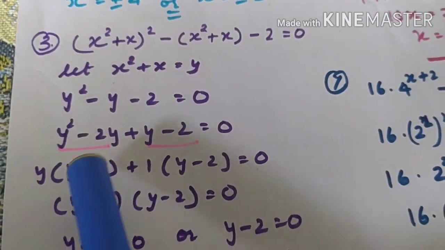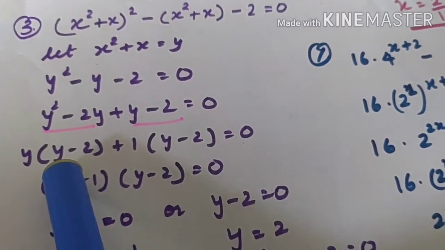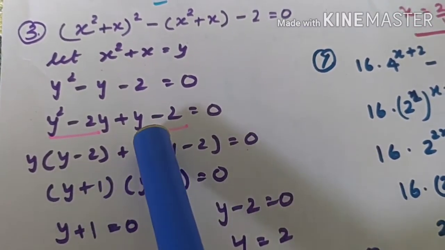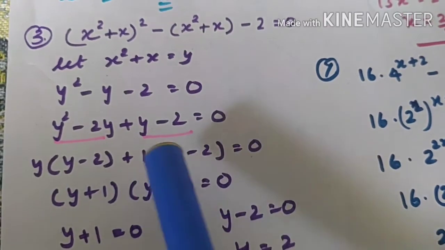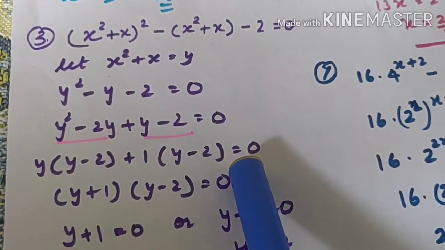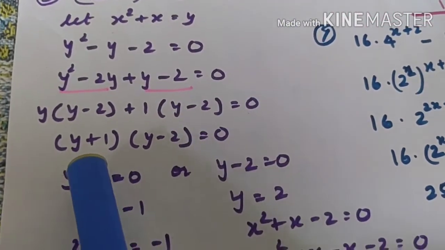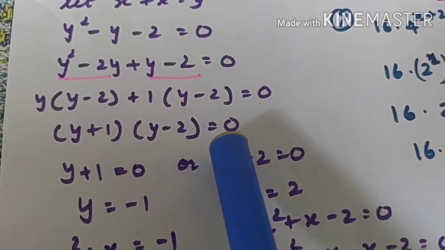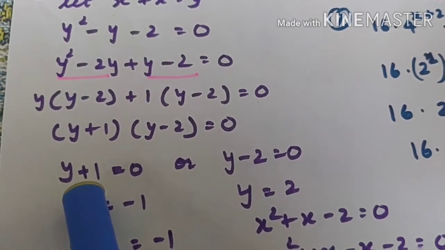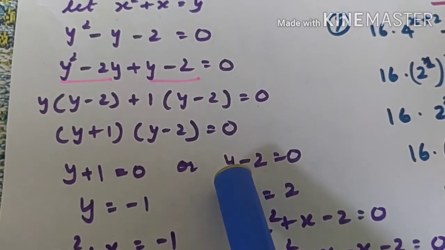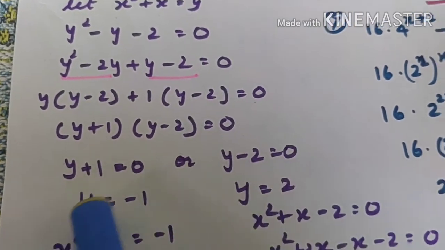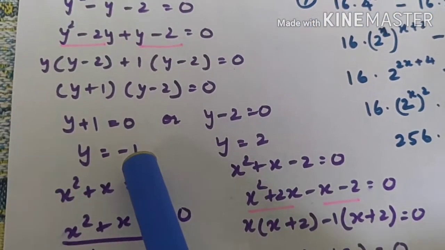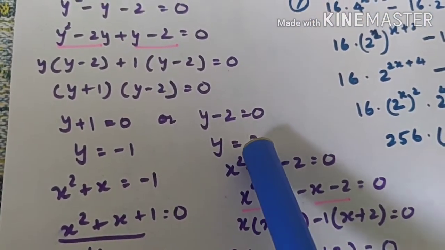From the first two terms y is common, so in the bracket y minus 2. Nothing is common, plus 1 common, y minus 2 is equal to 0. So I have two brackets, y plus 1 and y minus 2, is equal to 0. y plus 1 is equal to 0, y minus 2 is equal to 0. So y is equal to minus 1, y is equal to 2.